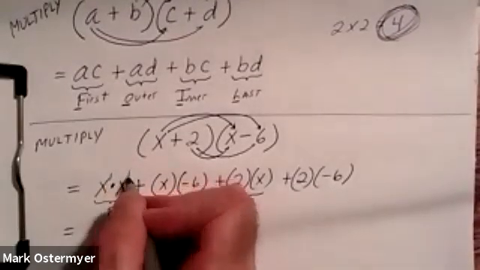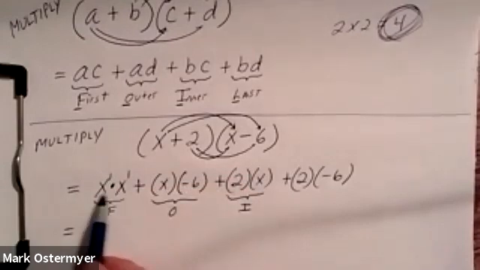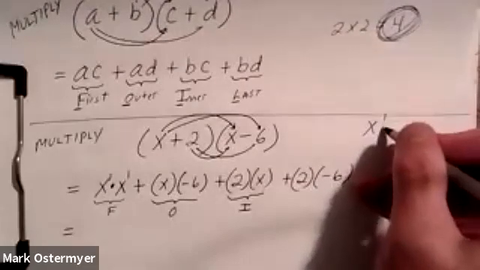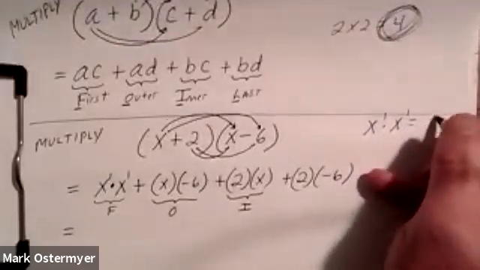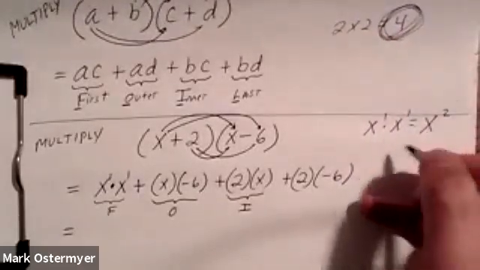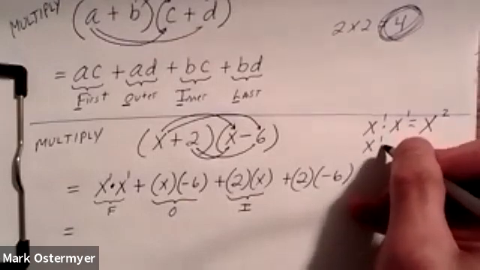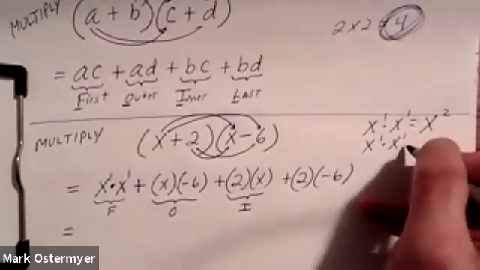What's x times x? Is x times x 2x or x squared, or does it matter? X squared. Thank you. X times x is x squared. It is not equal to 2x. This is not x plus x.